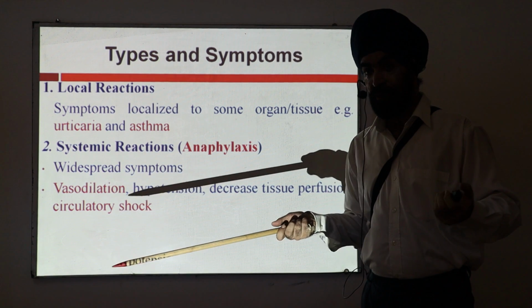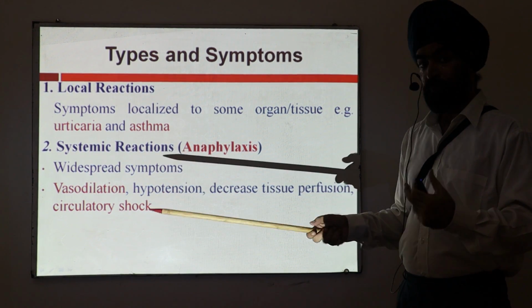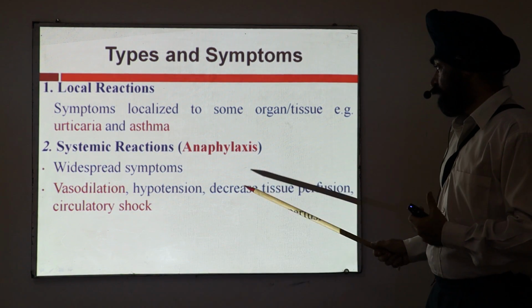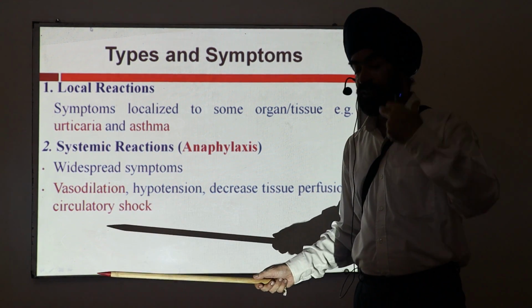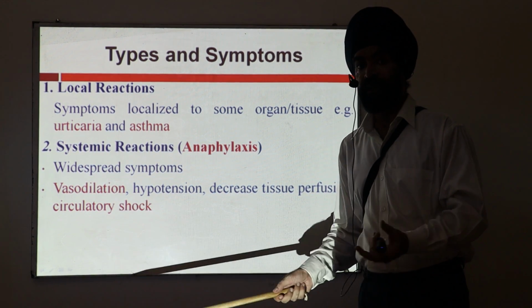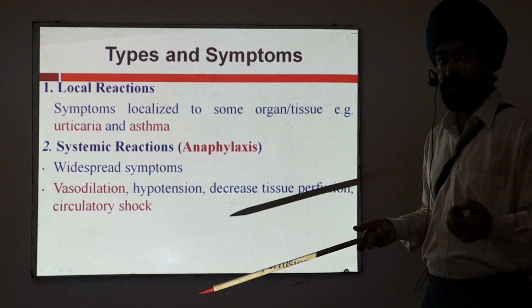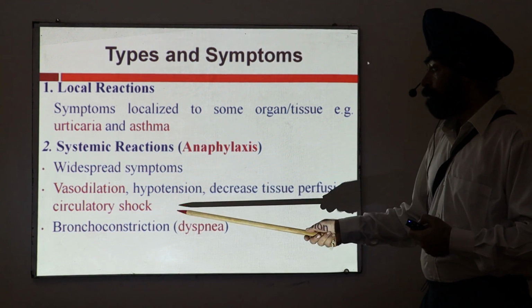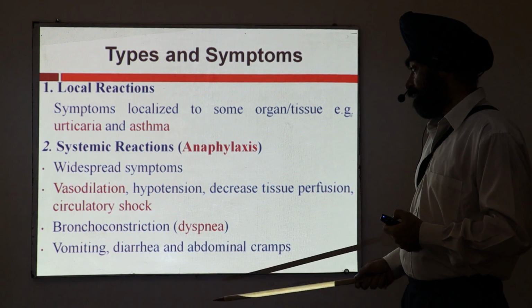So what are the symptoms? Vasodilation. If excessive vasodilation is there, then BP will reduce, hypotension. So blood is not flowing to all the organs. So there is decreased tissue perfusion, and ultimately it will produce circulatory shock. Circulatory shock means enough blood is not there to circulate the whole body, because excessive vasodilation is there. Then bronchoconstriction, dyspnea, a very important feature.